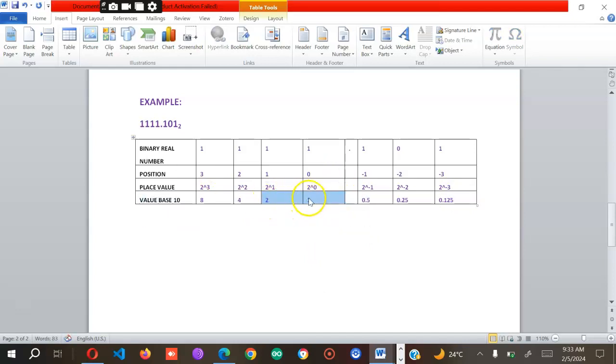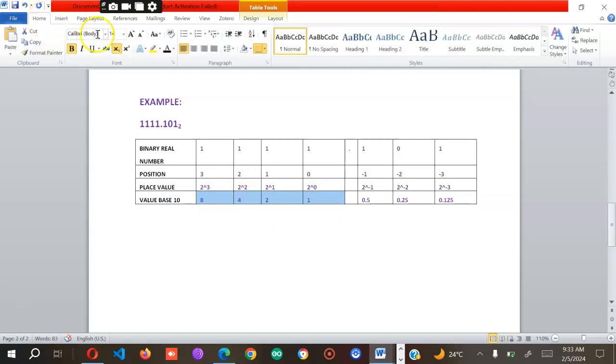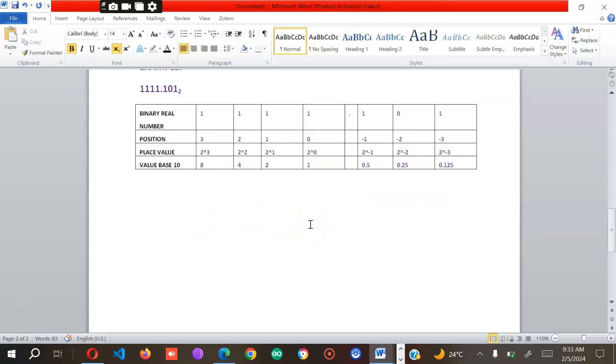So we have the two sections: on this part we have the integral part, and the other part we have the fractional part. Having done that, the next step is to expand.